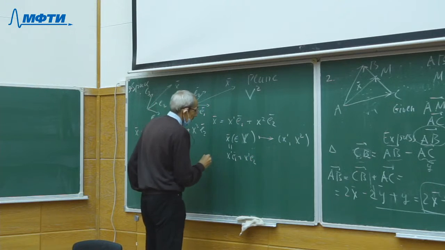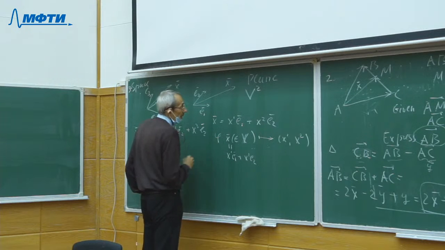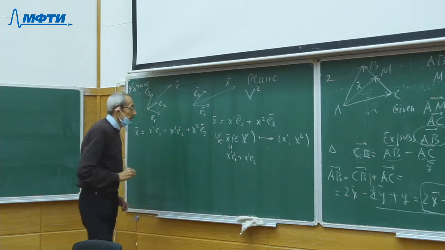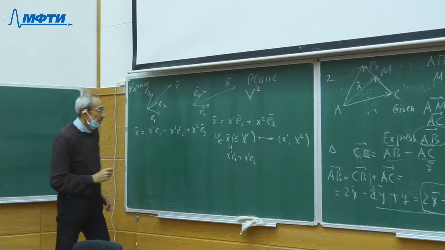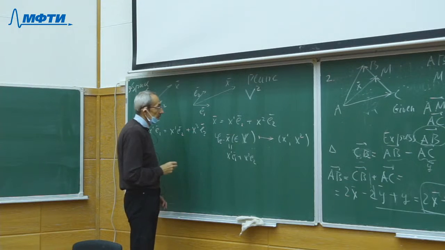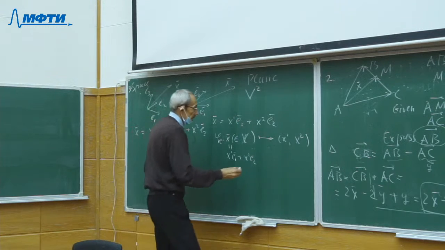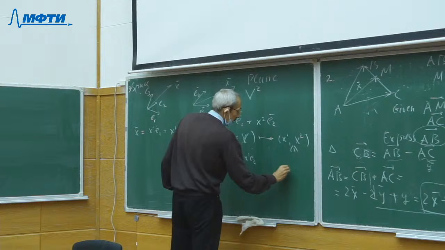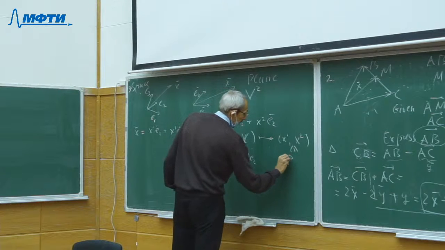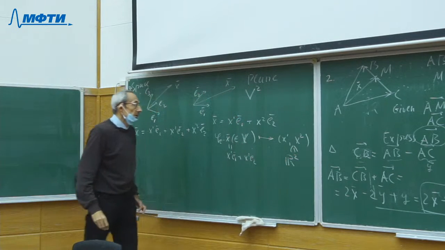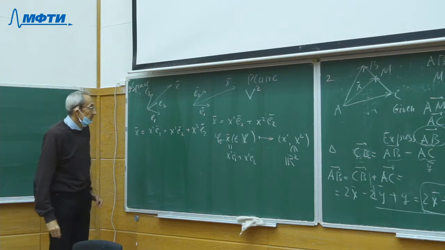Let's denote this correspondence by the letter phi with index e, where e denotes this basis in the plane. And this pair is an element of the arithmetical vector space R2.